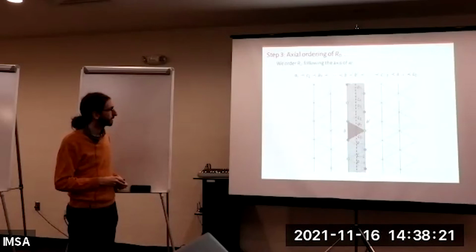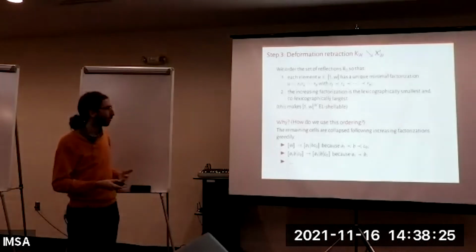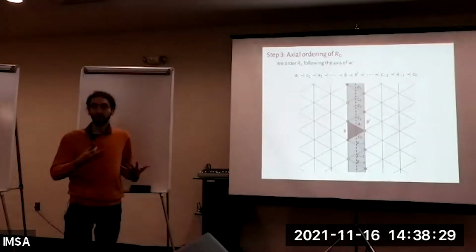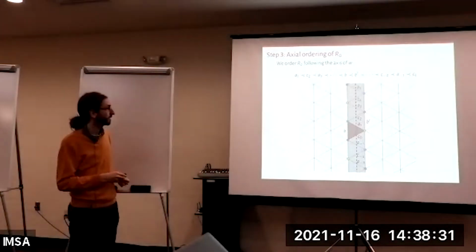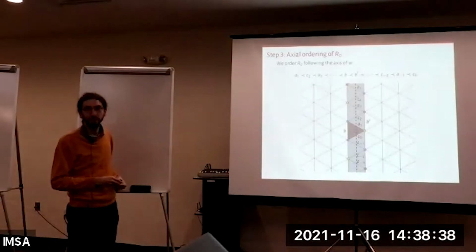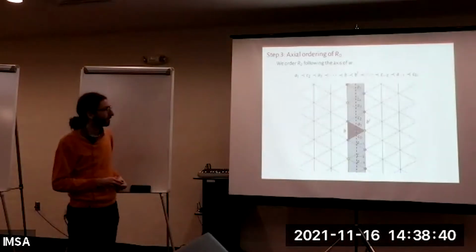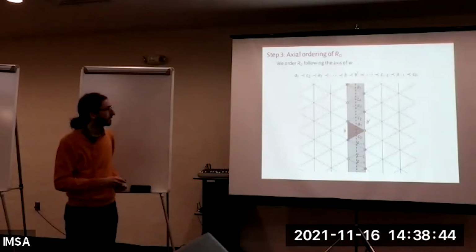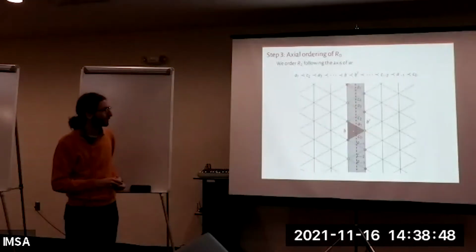And so I told you more or less how we use it. Now I will tell you more or less how we construct this ordering. And the idea is to start from our fundamental chamber and travel in the positive direction of the axis. And we keep track of all the reflections that we need going up.